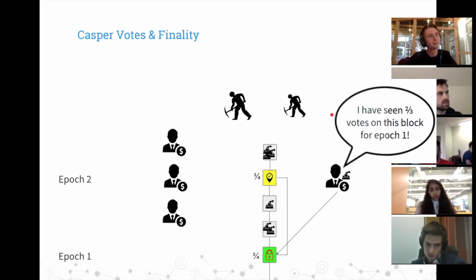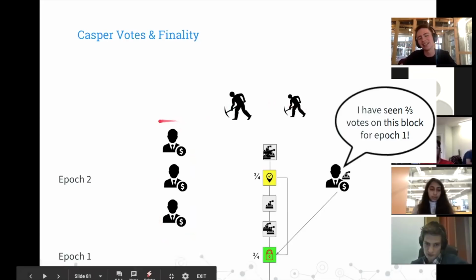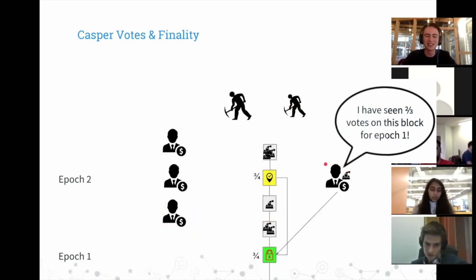Sorry, can I ask why you have 3/4 instead of 2/3 there? Is that supposed to be the same? Yeah, that's a very good question. Maybe my presentation is a little crappy. It's just because there's 4 validators, and I just assume that they all have the same weight. But yes, it is 2/3. That is the threshold that we need.